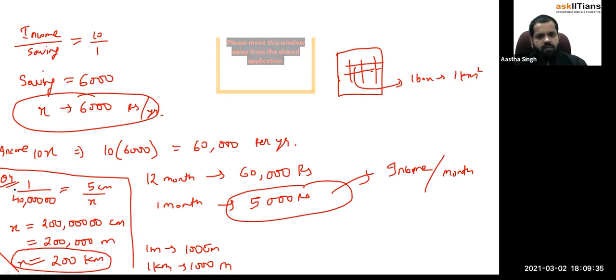So basically the scale of the map was 1 divided by 40 lakh, and you were required to find how much will be the distance for 5 centimeters. If 1 centimeter represents 40 lakh, then 5 centimeters will be 200 lakh, which is equal to 200 kilometers.